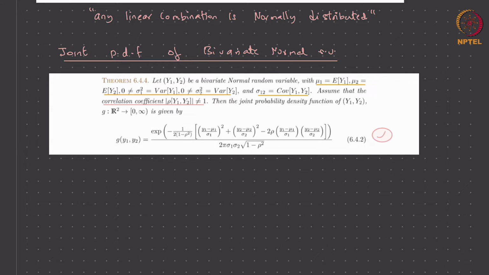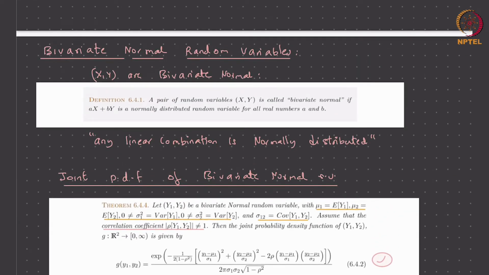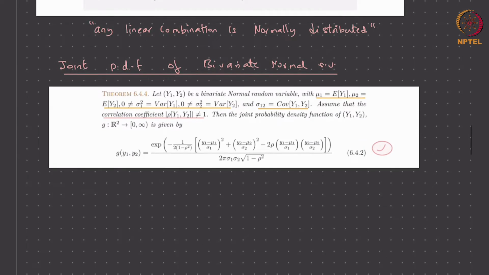We've already seen that if aX plus bY is normal, I can take b to be 0 and a to be 1, and I'll get X. If I take a to be 0 and b to be 1, I'll get Y. So individually, they are both normal. That we already established from the definition.